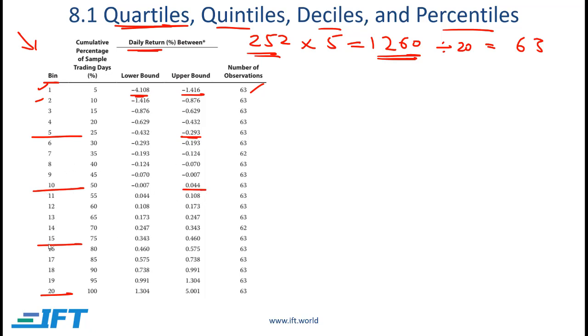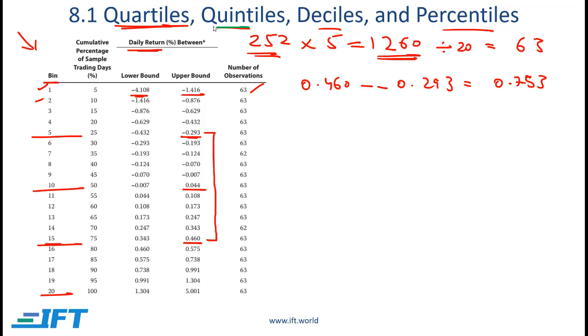The third quartile number would be 0.460. So the interquartile range would be 0.460 minus 0.293, and this is 0.753. Visually, we can say that this is the interquartile range.